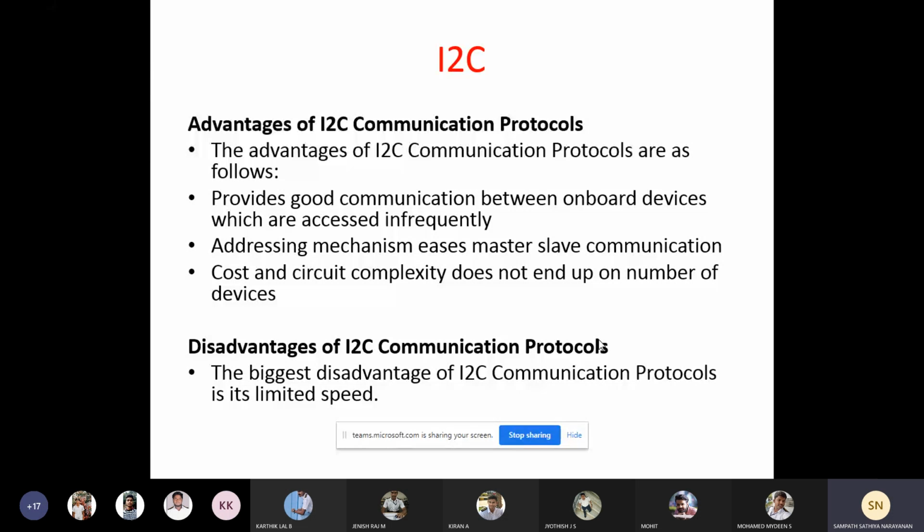When there are more devices, the circuit complexity will not be too much because the number of wires required is small. The disadvantage of I2C communication is that its speed is limited.